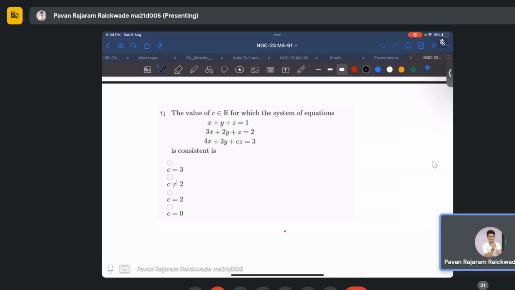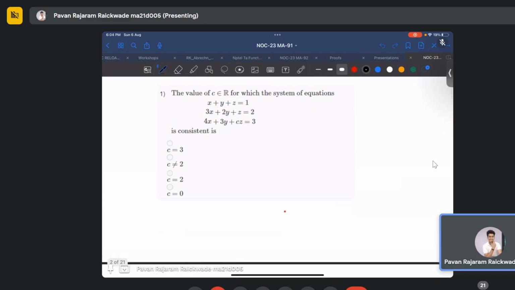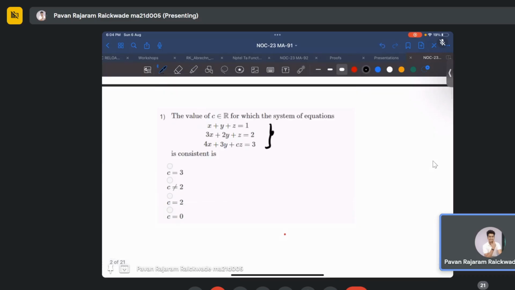Okay, so the first thing we will do is convert this system of equations into a matrix form. A system of equations like this can always be represented in a matrix form as Ax equals B, where A will be the matrix formed by the rows of these equations, the coefficients, and x is the vector of variables.